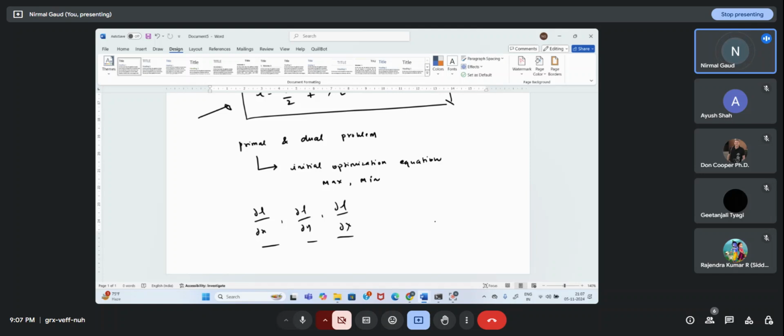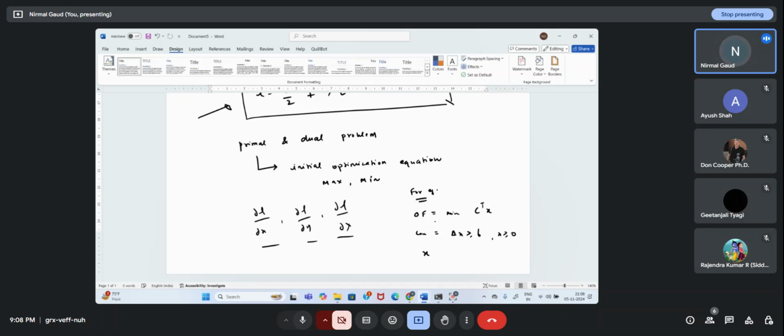Okay, I can give you a few more examples. For example, if we are having an objective function as minimization of c to the power T x and constraint equation as Ax greater than or equal to b for x greater than or equal to 0.